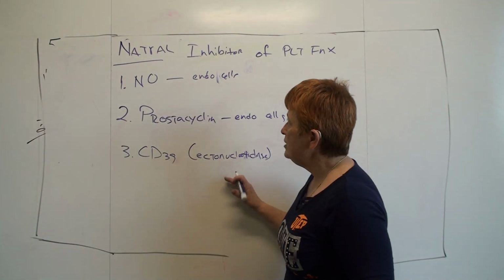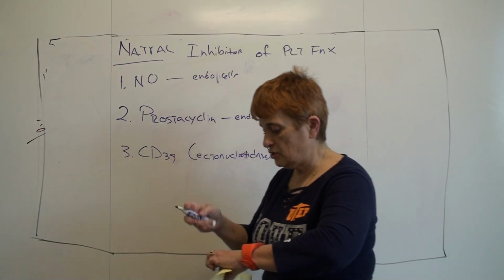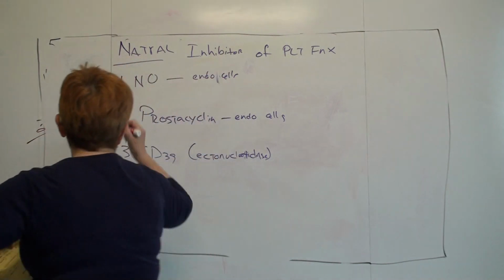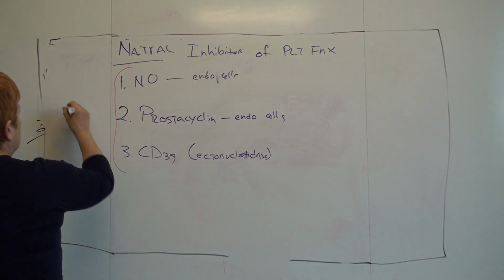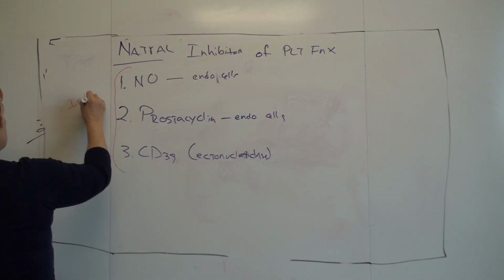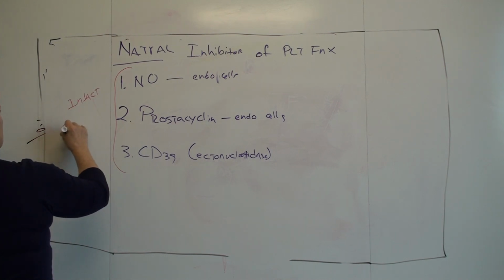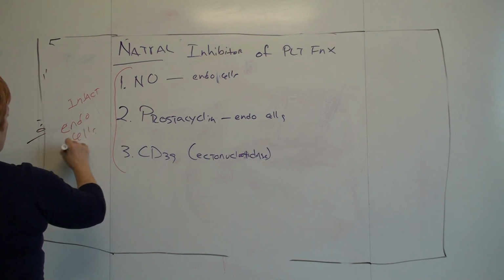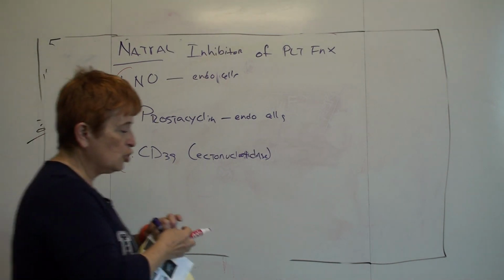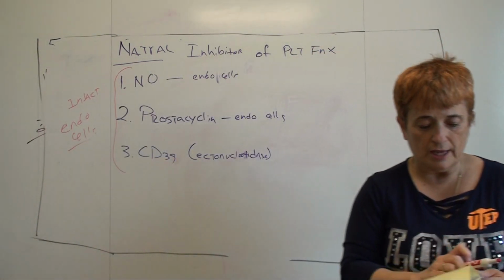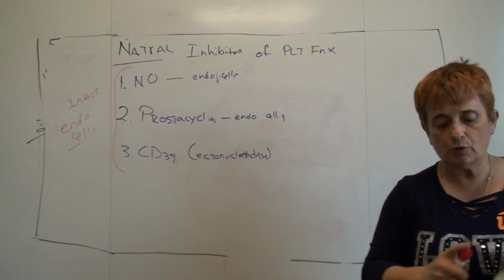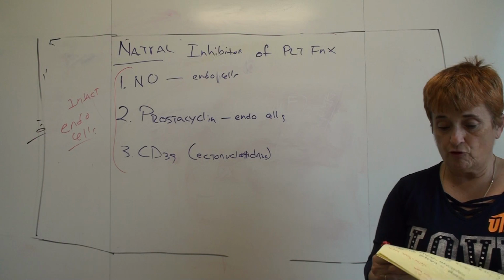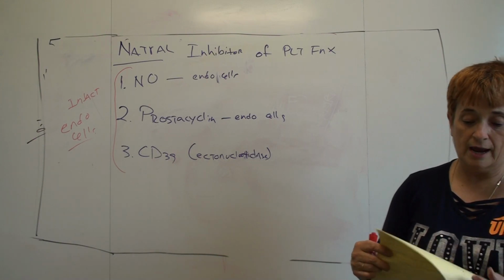And so what you need to know is that all of these things are in an intact endothelial cell. So all of this that's occurring is very natural. Nothing that I have to do, no inhibitors, etc. It's very natural for all of that to happen.